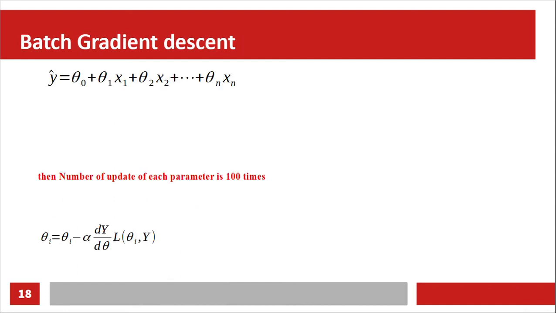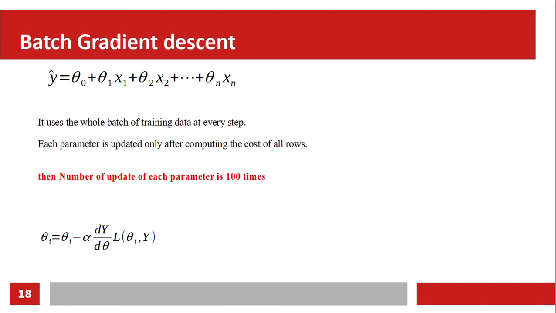In batch gradient descent, after computing the cost for each sample in your dataset, you can update your parameters. You cannot update the parameters unless you finish computing the cost for each sample, or for each row in your dataset.